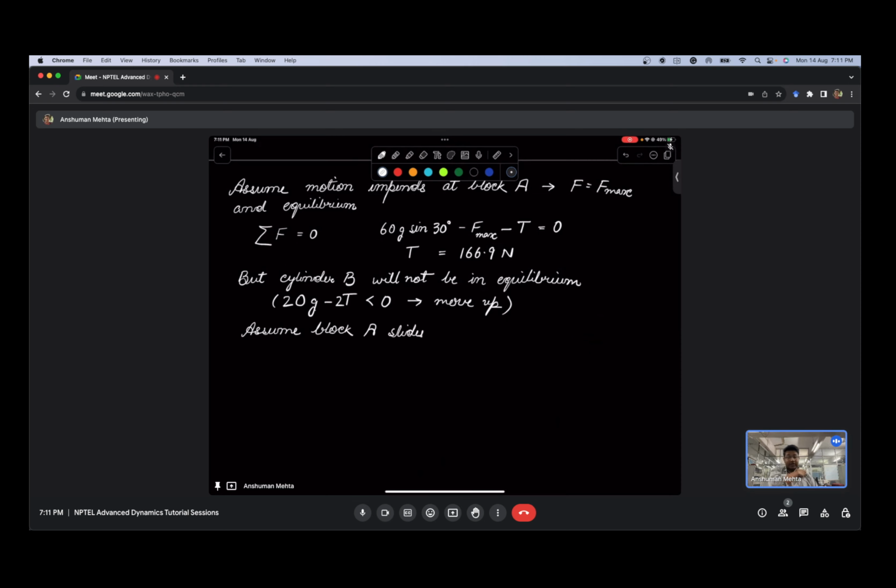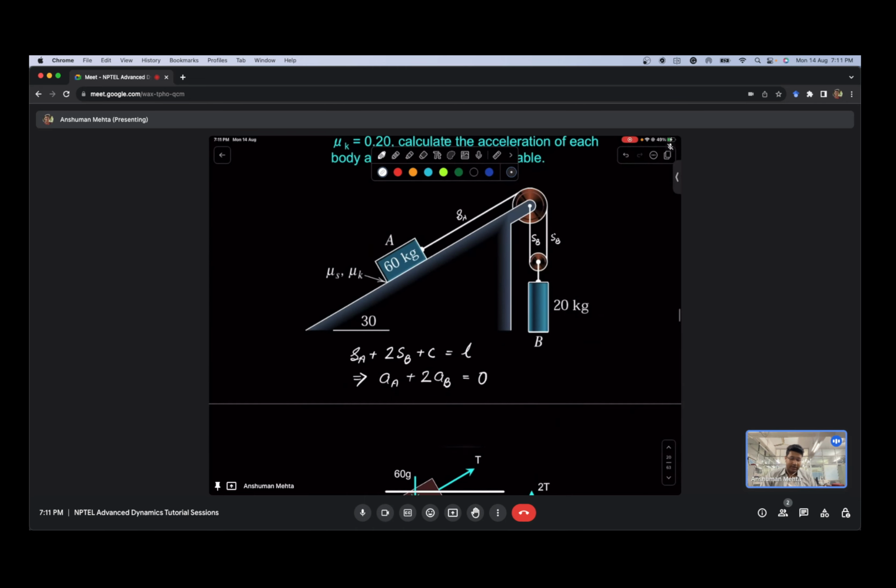Now assuming block A slides down, block A slides down and block B moves up.